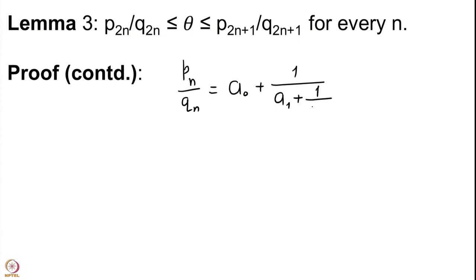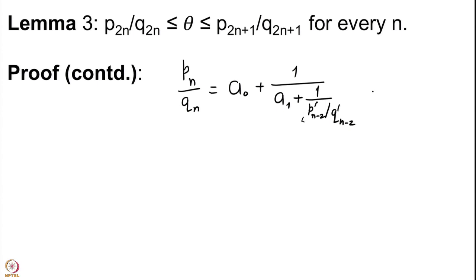So, this is nothing but p prime 2n minus 2 upon q prime 2n minus 2. Whenever you have a convergent with subscript k, it should involve k plus 1 integers.